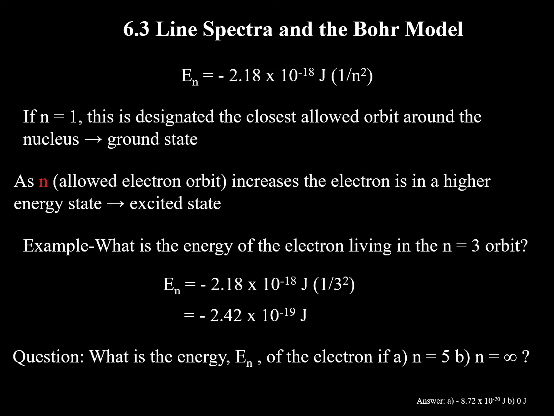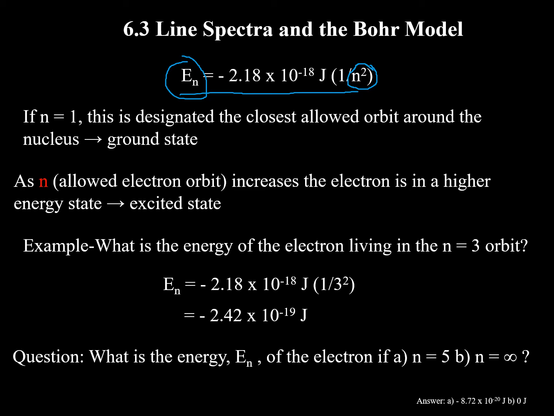Here is the same equation I just showed. Remember, the electron can only live on certain levels. The equation shows that as n increases, the energy state gets higher. If the denominator gets bigger, the energy will get larger.